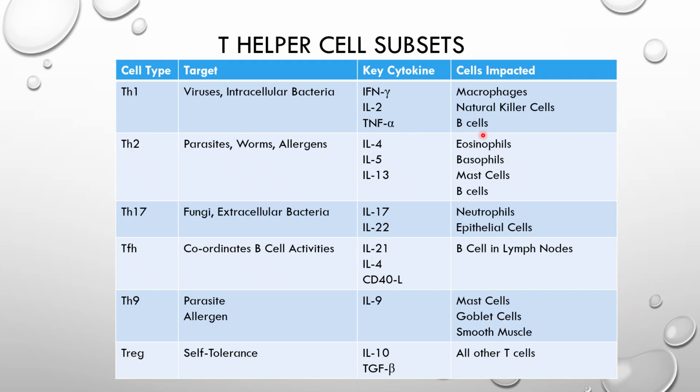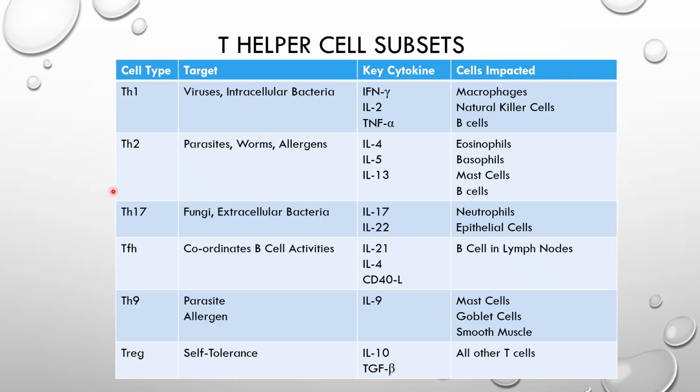The T helper subset 1 is what we're really interested in, because it's specific to viruses, intracellular bacteria, but also for tumours, cancers. So they provide the right environment, and they help the T cells by producing the right cytokines for the cytotoxic T lymphocytes, the CD8 plus cells, to operate in.